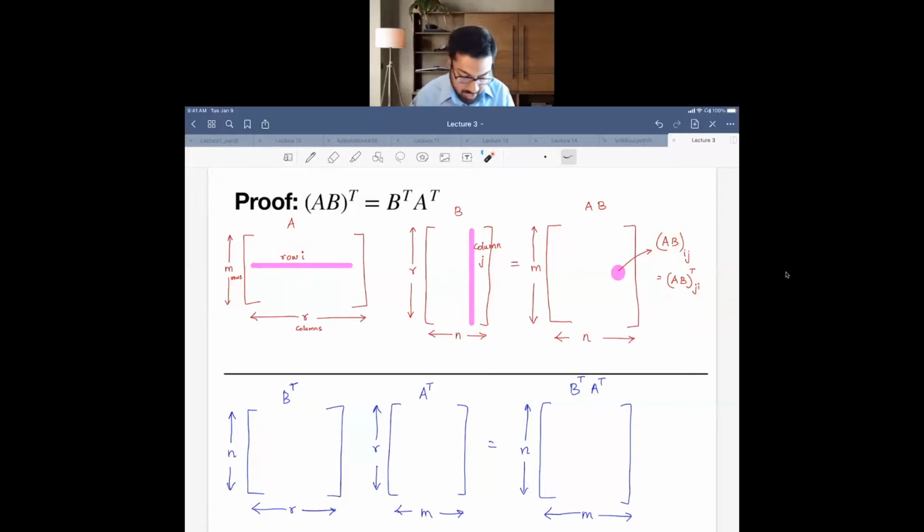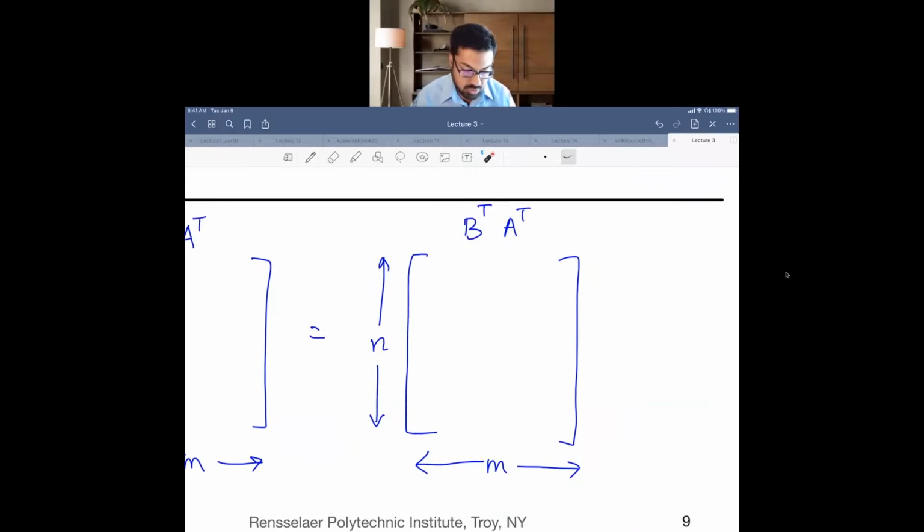Now let's look at B transpose, A transpose. Let's look at another entry here. I will highlight this with blue. Just as an example, I'm picking B transpose, A transpose, and the element that I'm looking for is ji, the jth row and ith column entry in B transpose, A transpose.